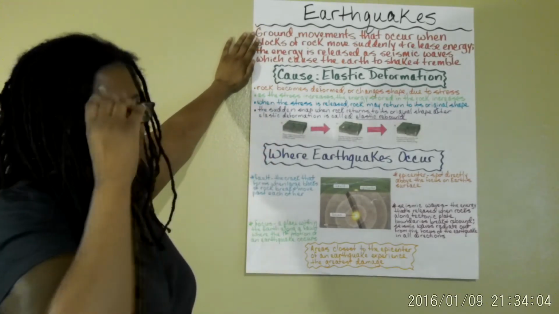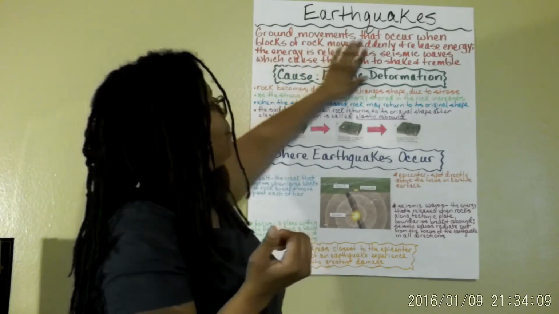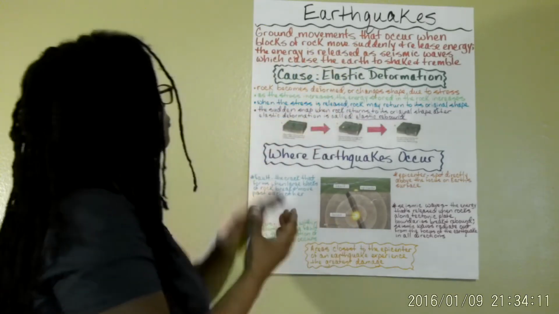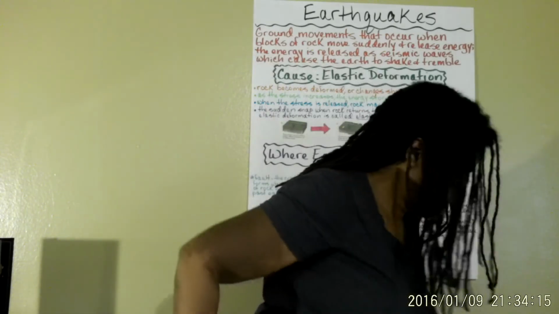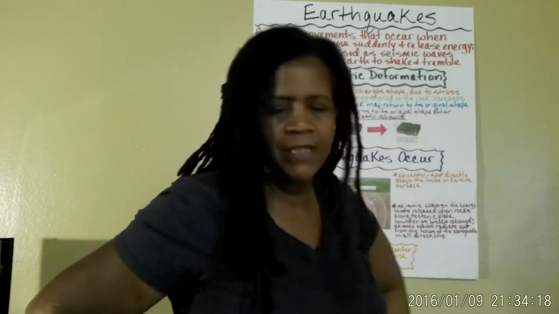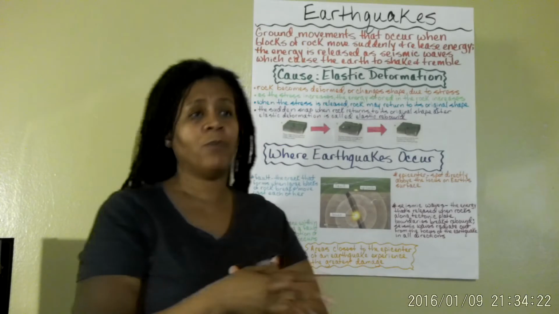Okay, so what is an earthquake? An earthquake is a ground movement that occurs when blocks of rock suddenly move and release energy. So let me stop there. Because I think we talked about it in tectonic plates. I don't recall how in-depth we went.